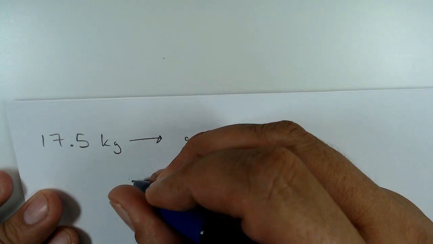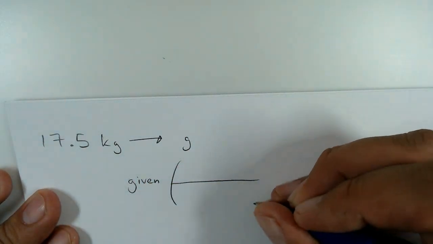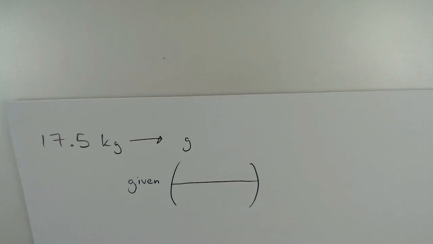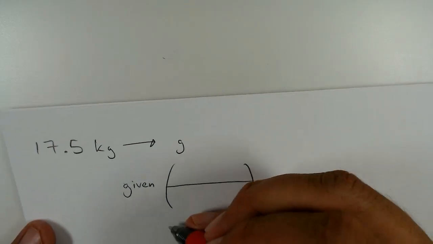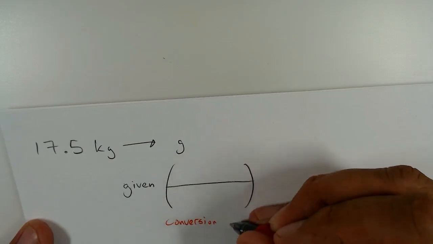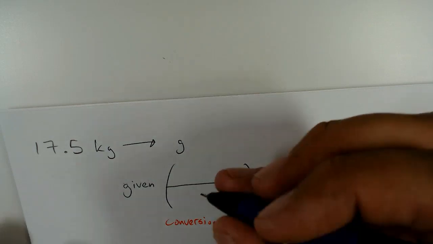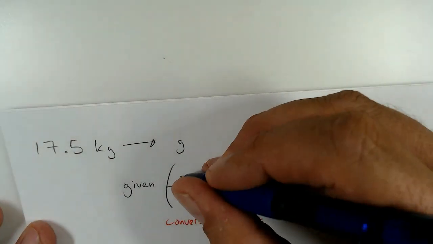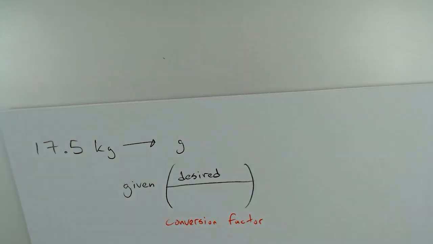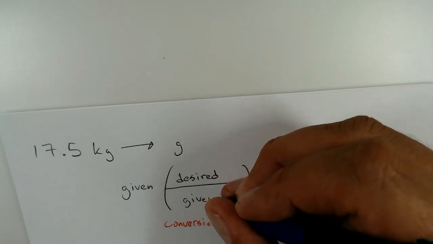So here we take what you're given. You're then going to take a conversion factor. So conversion factor, this is your table information. You want to put the desired unit on top and then the given unit on the bottom.